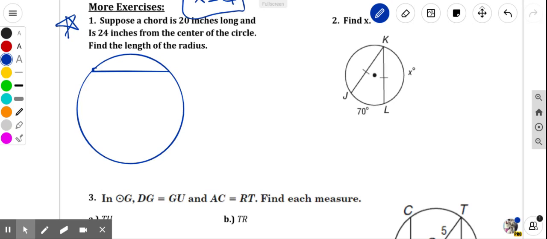Then we need the distance from the chord to the center. So let's say the center's here. This would be the distance from the chord to the center. Remember that the distance from a segment to a point is always perpendicular, so I can add in that that's a right angle here.